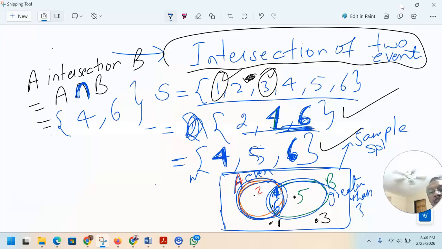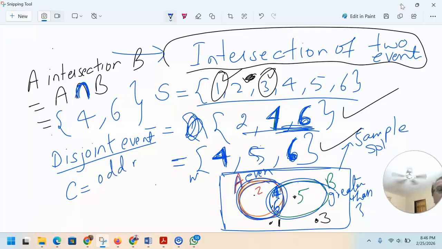It can so happen there's something called disjoint. Now, what is the meaning of disjoint sets? Disjoint events basically means there's nothing common. I can create another event saying odd number shows up. Which are the odd numbers? The odd numbers are 1, 3, 5, right?